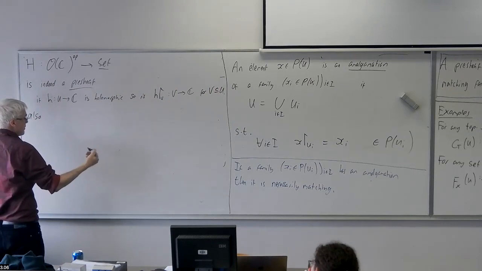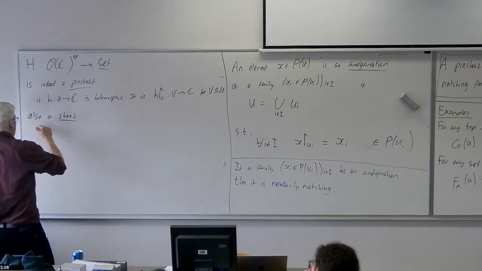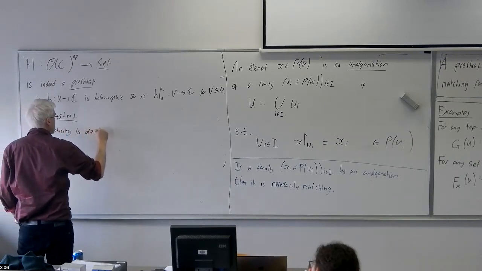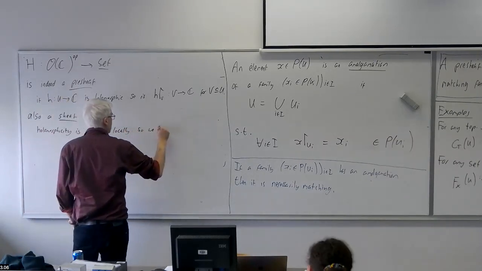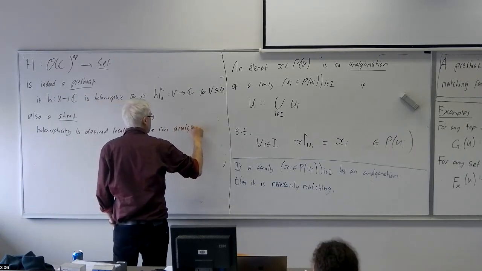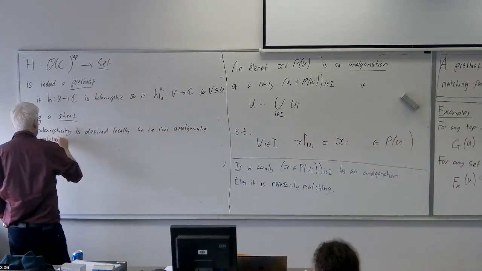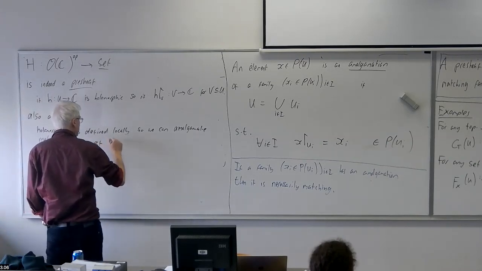But it needs to be a pre-sheaf in order to be a sheaf. It's also a sheaf because holomorphicity is defined locally. So we can amalgamate matching families of complex functions.